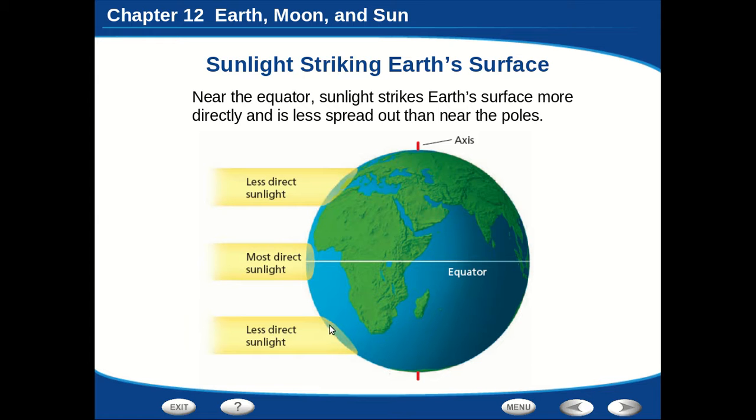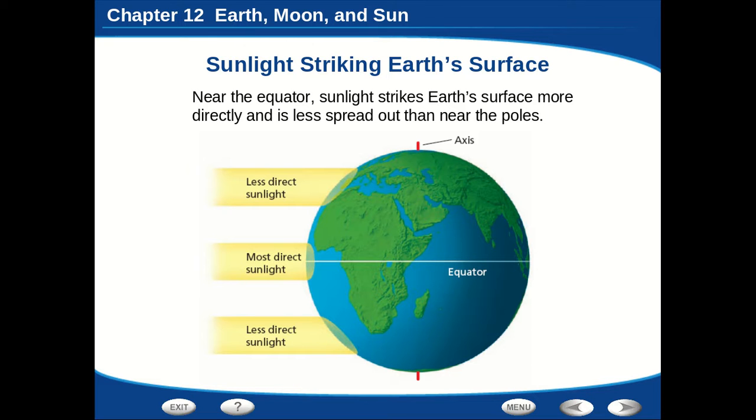But you can see for this area, the part that's not near the middle, that's not near the part that's facing the sun, the light is covering more area, right? The sunlight has to cover a larger area. Same here. And if we want to think about chapter 11, we talked about pressure, right? And what is pressure?